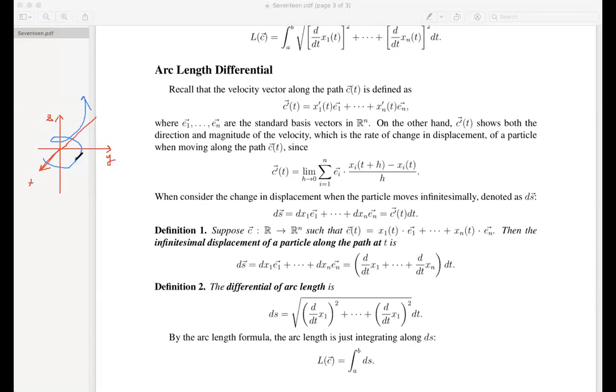So basically at time t here, you have a velocity vector c prime t.